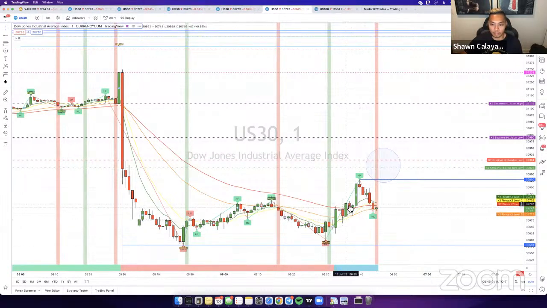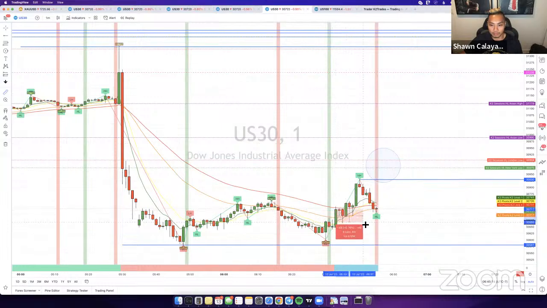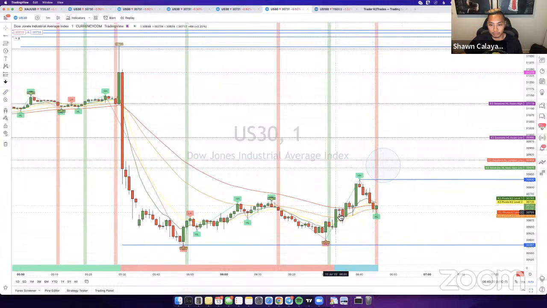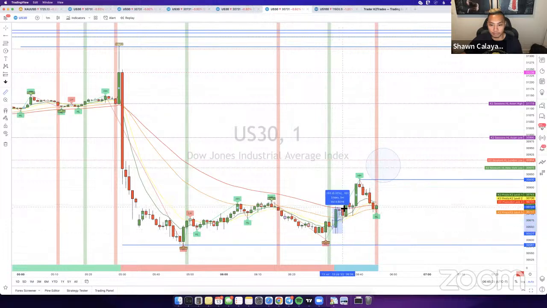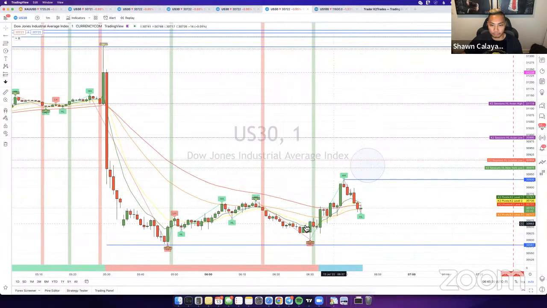So I marked up the buy here for the breakout, but we were anticipating price to drop, right? So even though you saw the buy here, you technically could have sold and you would have just made profit the other way because you would have caught the opposite direction, right? Or what you could have done is you could have waited because this candle here was so big. So there's two different scenarios here that you could have played out. That's typically what I want to show you guys.